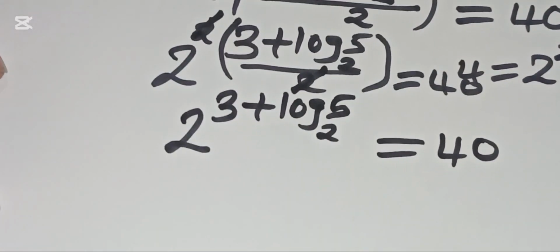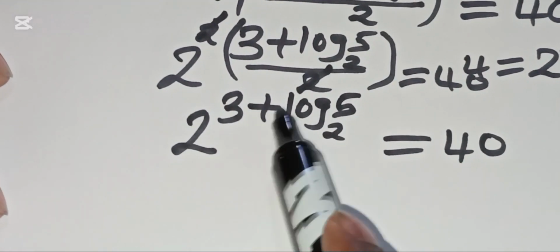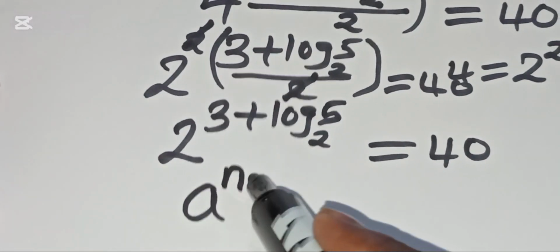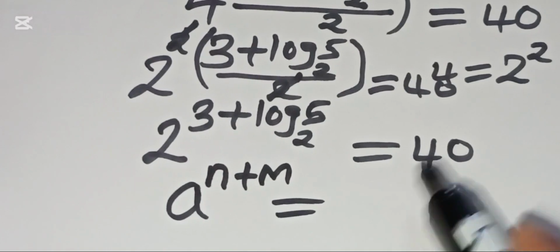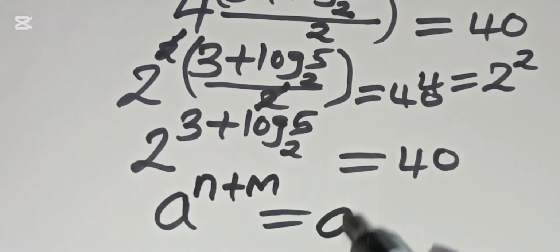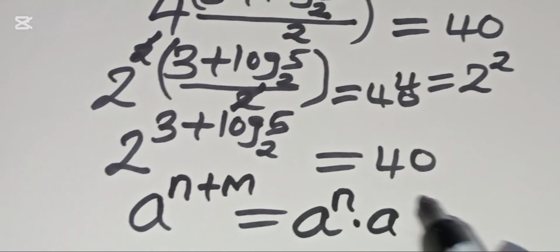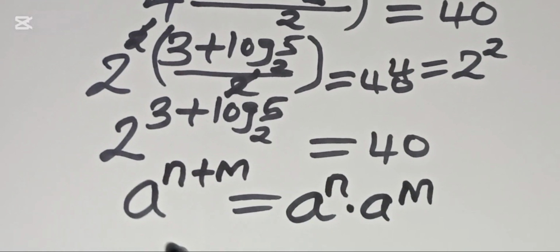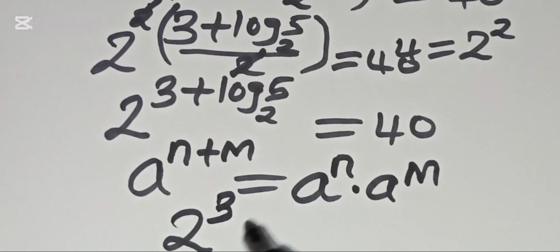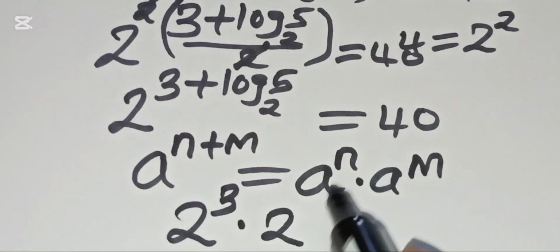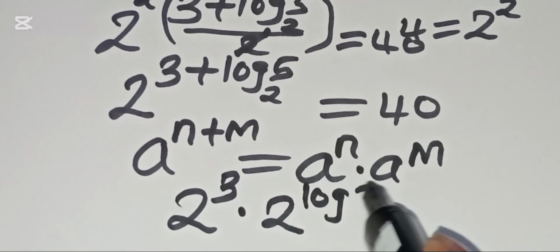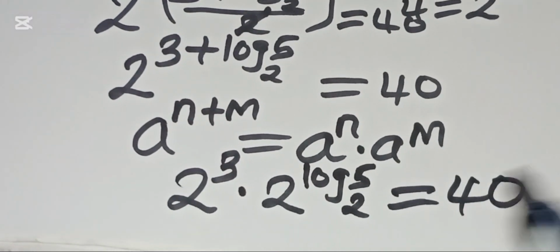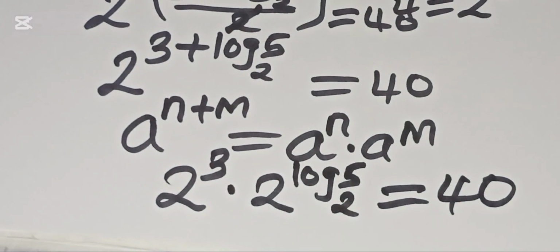Now 2 raised to power 3 plus log 5 to base 2 is in the form of a raised to power n plus m, which we can transform as a raised to power n multiplied by a raised to power m. So we're going to have 2 raised to power 3 multiplied by 2 raised to power log 5 to base 2. This is supposed to give us a value of 40.